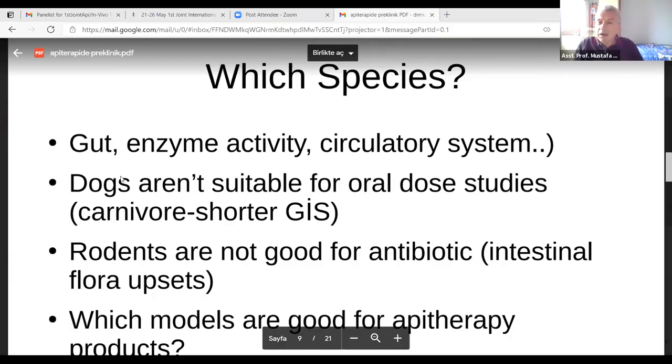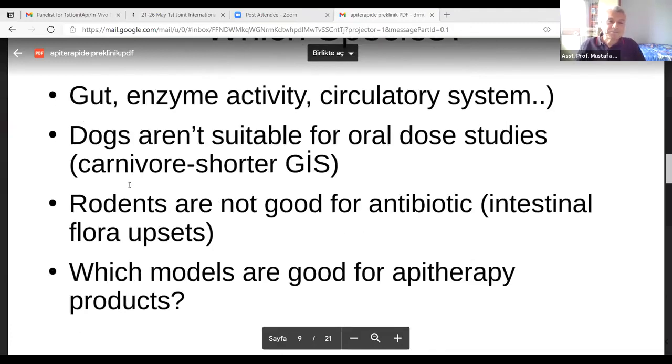Therefore, they are carnivores. We're not carnivores. And rodents may not be very good for antibiotics because their intestinal flora gets upset more easily than ours. So they face more problems. And let me ask you, and I hope we'll be discussing this at the end of the panel, which animal model is suitable for apitherapy products?